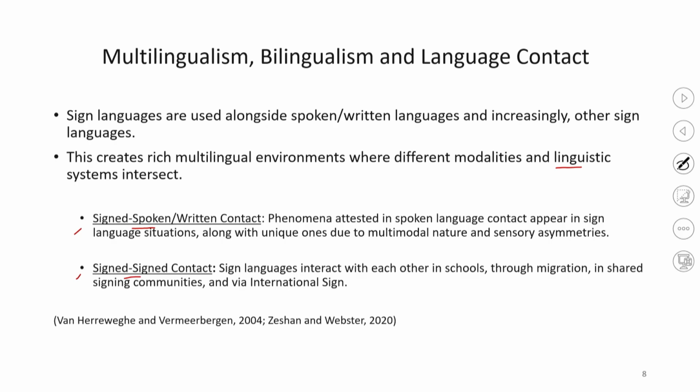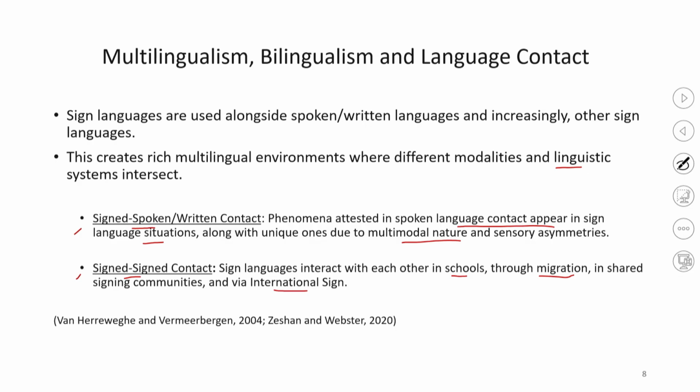So, signed with spoken and written phenomena attested in spoken language contact appeared in sign language situation, along with unique ones due to multimodal nature and sensory asymmetries. And then we have sign, which is more straightforward, two different sign languages when they interact with each other, typically in schools, through migration, in shared signing communities, via international sign, and so on and so forth.